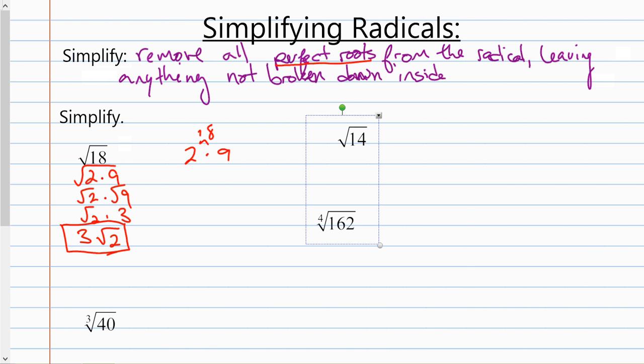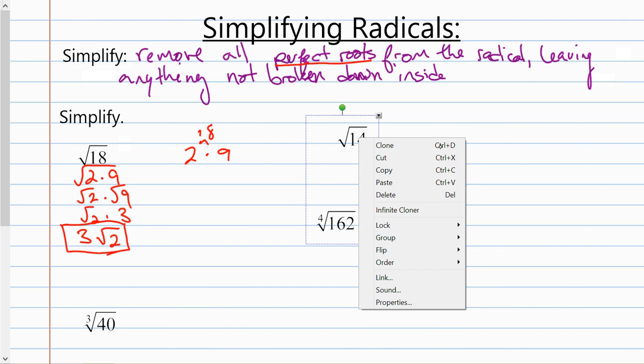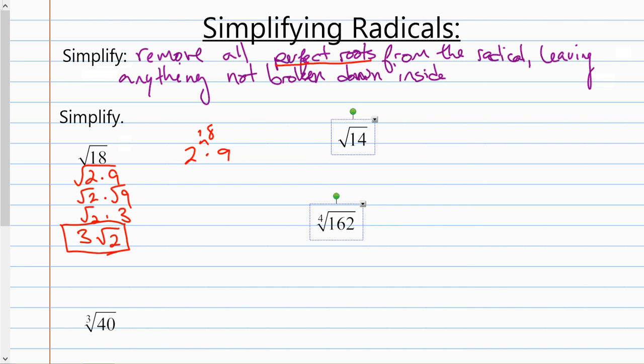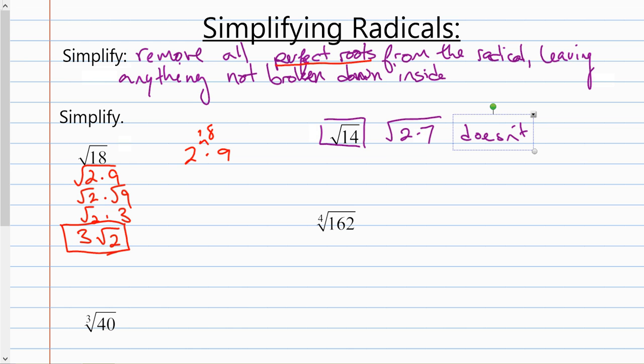So the square root of 14 is... this would look like maybe the square root of 2 times 7. But neither one of those breaks down anymore. None of these are perfect squares, so actually our final answer would be the square root of 14. It doesn't break down anymore. It doesn't simplify.